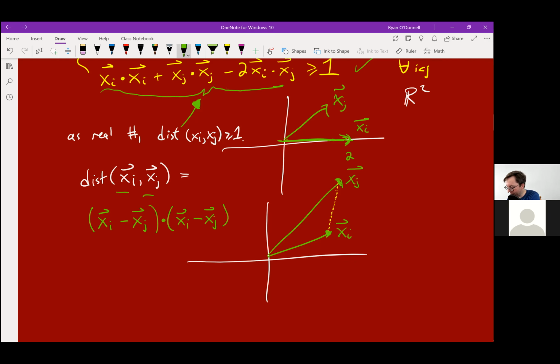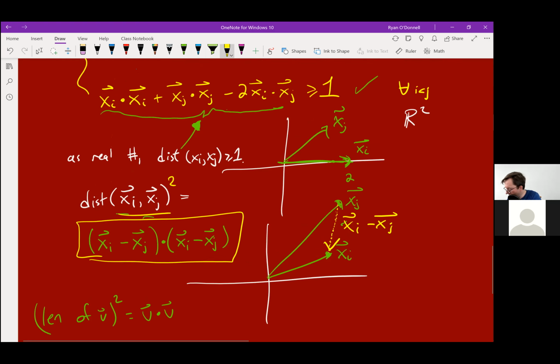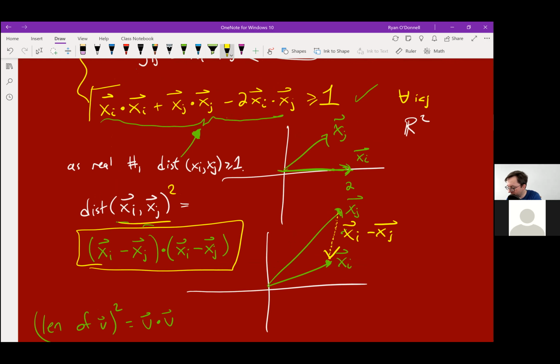The length of a vector v squared is the dot product of v with itself. This vector here, if we orient it like this, is xi minus xj, or maybe it's the other way around. I think it's xi minus xj. So the distance squared between these two things is this expression. How does that relate to this expression?